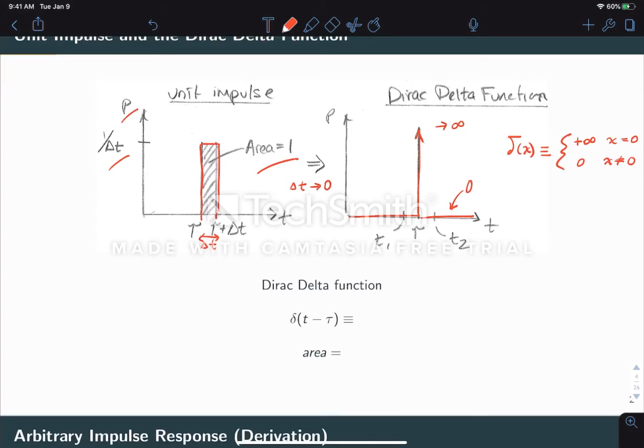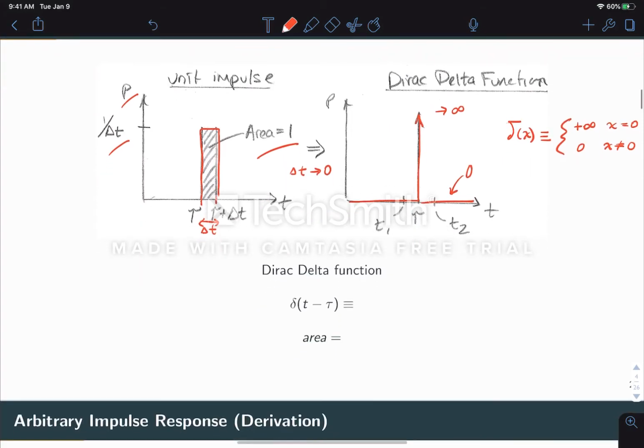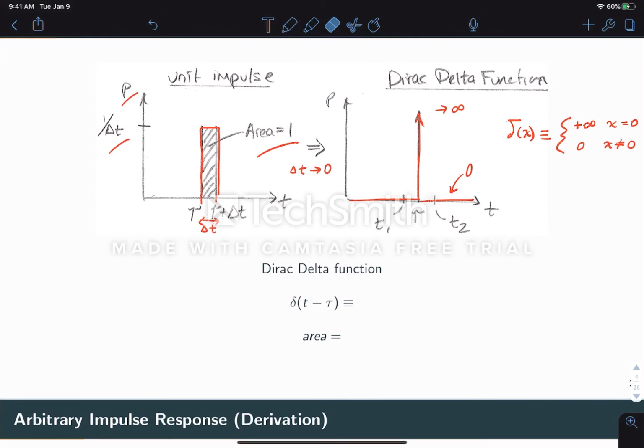In a more general sense, we can define the delta function using this shift tau, right, which we introduce here, which will slightly change the definition to positive infinity when t is equal to tau and 0 when t is not equal to tau, which is closer to the illustration that we have up here.